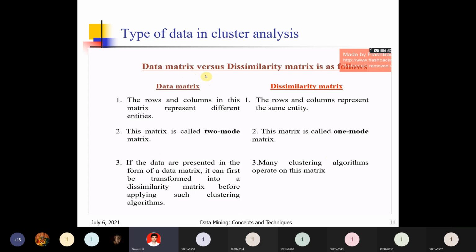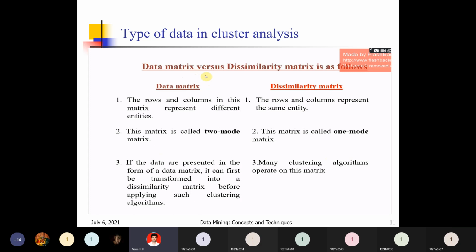In clustering, from each element, for all other elements, you will find out the distances. Distances are nothing but the similarity. Similar elements you will group into one cluster; dissimilar elements you will divide and put in different clusters. That's why you have to first convert any data into a dissimilarity matrix.